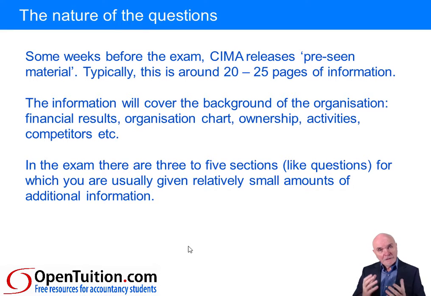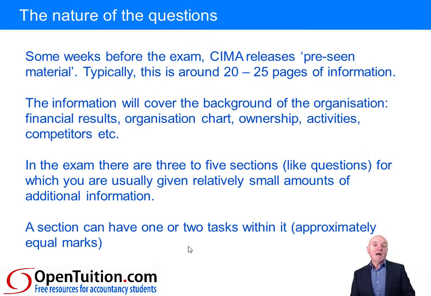Often you will have to use this additional information in conjunction with what you have already seen in the pre-seen material, but occasionally the additional information is almost standalone. And we're emphasizing during this presentation that the additional questions in the pre-seen material can make it very difficult for you to have any sort of prediction about what you might actually be asked in the examination.